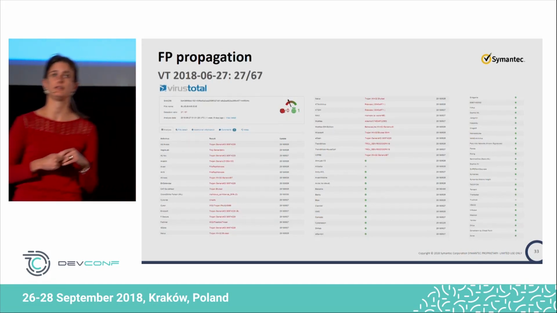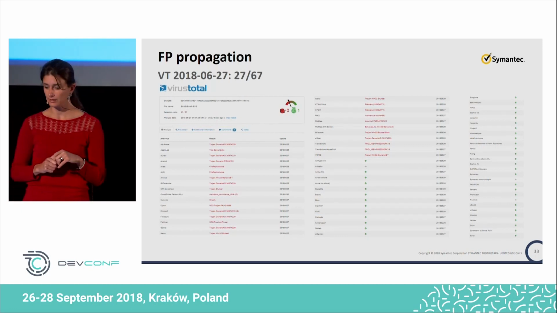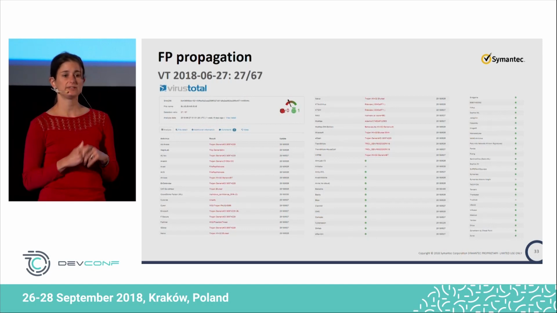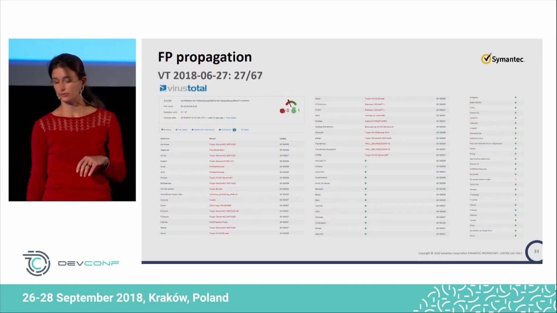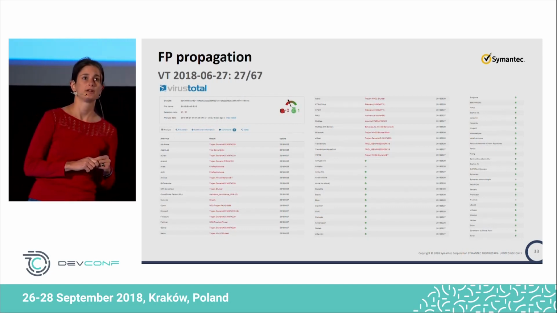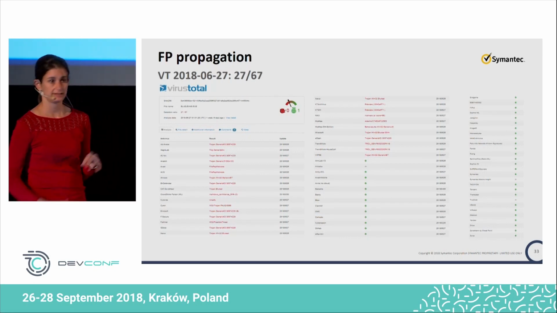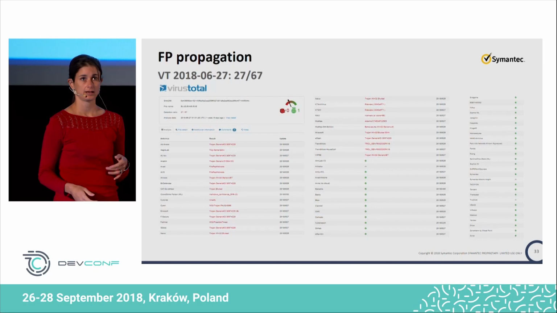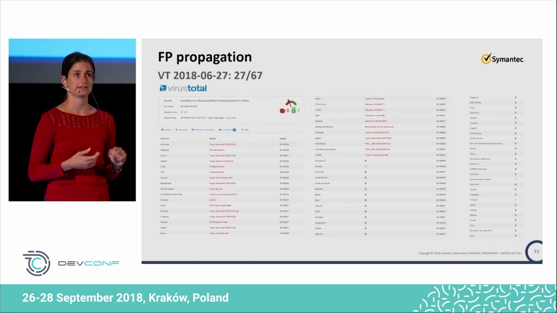This is bluejeans.exe. It was a video conferencing software. It happened in June. It became detected by 27 out of 67 security vendors in total. And it's just a video conferencing software like Skype or WebEx, and it's used quite widely in enterprise space.